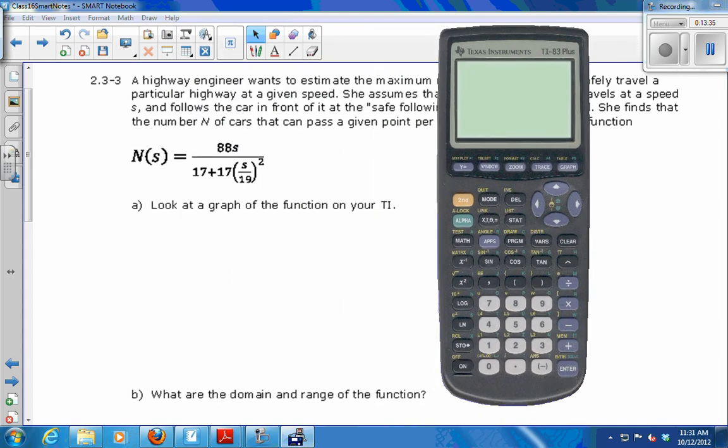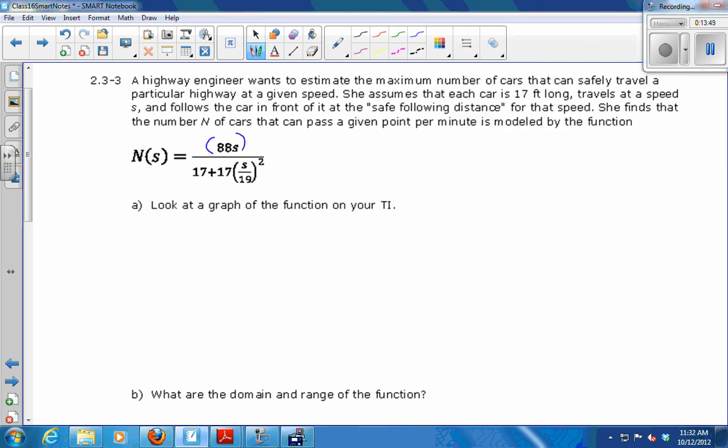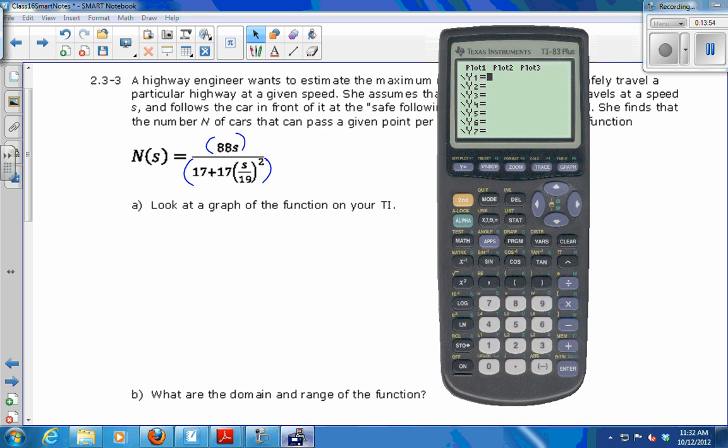So we go to y equals, and I'm going to put in this function. I have to be pretty careful when I'm entering it into the calculator because there's a lot of parentheses and order of operations things. It's a fraction, so I'm going to put parentheses around the whole top and the whole bottom. Because we automatically do that in our brains when we see a function like that.